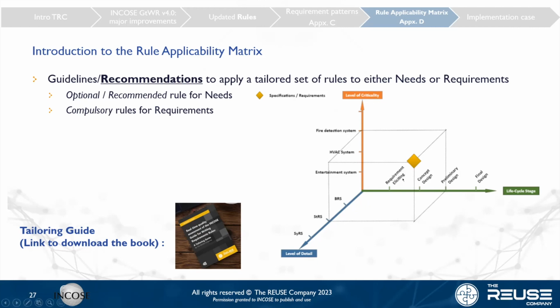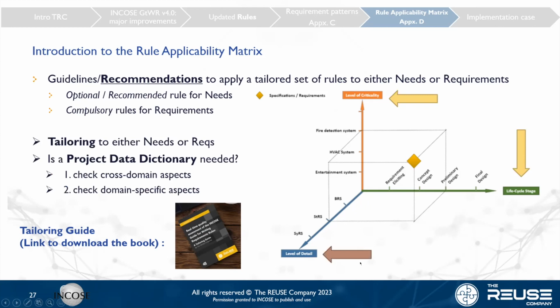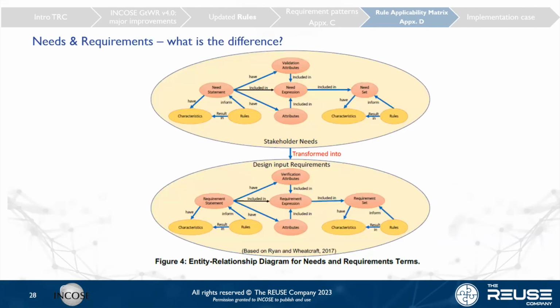So we will not assess requirements the same way for entertainment systems than for fire detection systems, for example. So we have 3 dimensions here. And then the level of detail will help us decide whether we need or not a project data dictionary. So it's perfectly okay to start assessing the requirements only with cross-domain content, so only checking the syntax, not checking what is the terminology we use, but then we have to make sure that we have a consistent terminology, we avoid unknown acronyms, and so on.